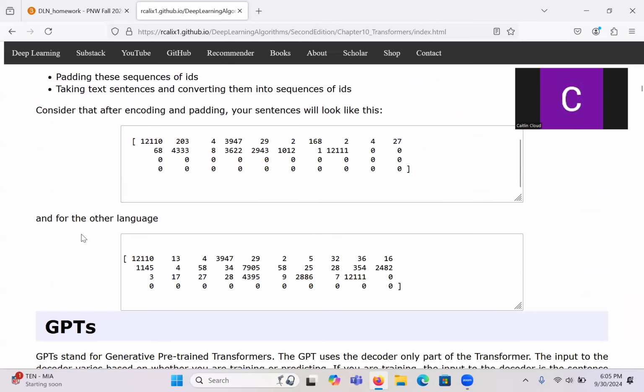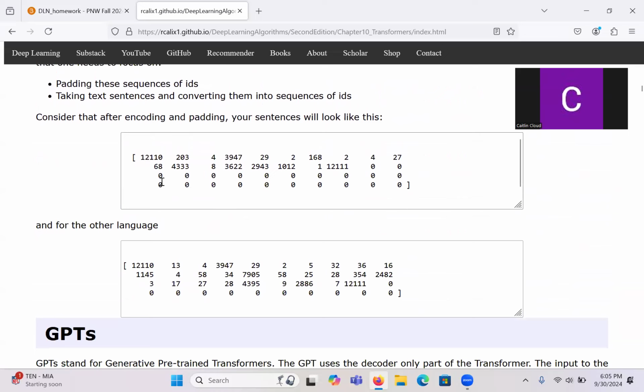So this is an example of what your input looks like. For instance, your sentences will look like this initially. So this would be 4 by 1, 2, 3, 4, 5, 6, 7, 8, 9, 10. So 4 by 10.